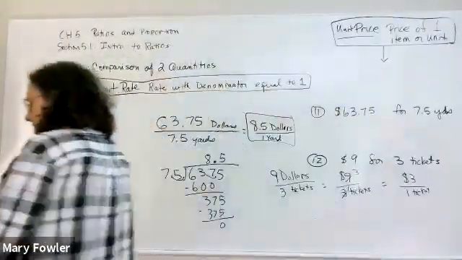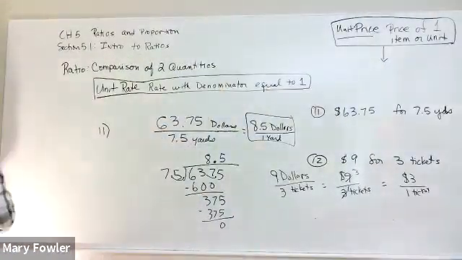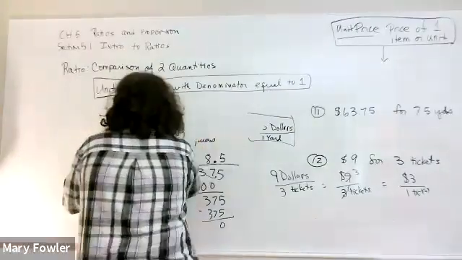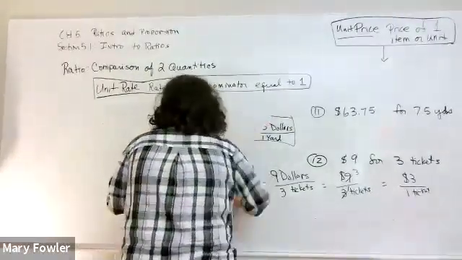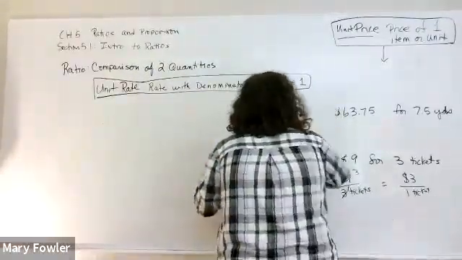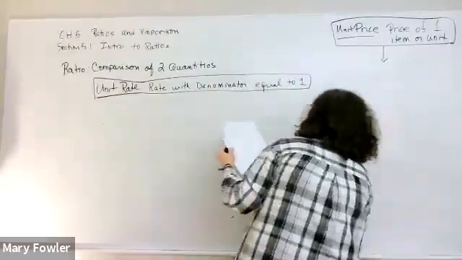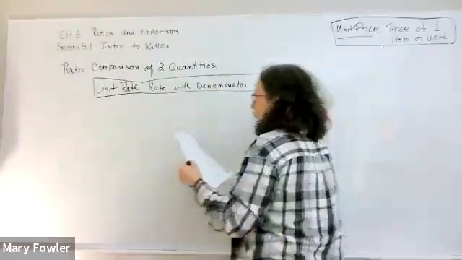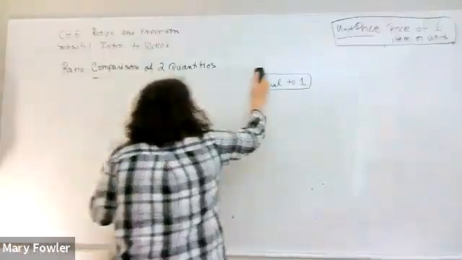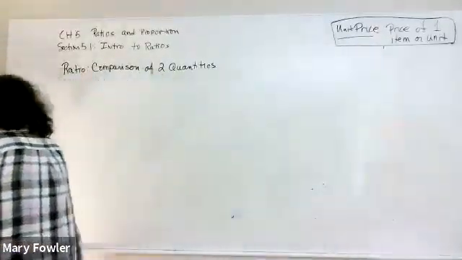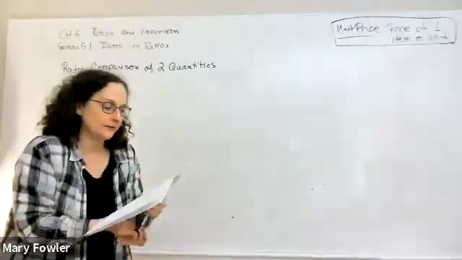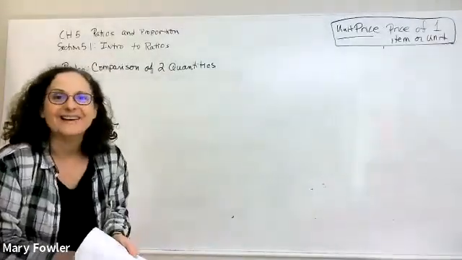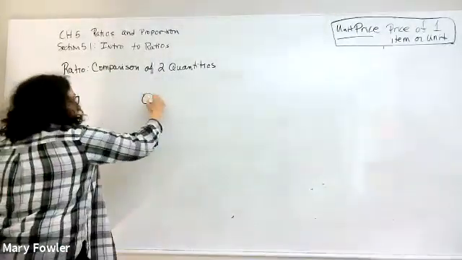And problem number 13 says, which is a better buy? 4 pencils for 32 cents or 16 pencils for $1.44. So what we're going to do to determine which is a better buy is find the unit price under option A and under option B, right?